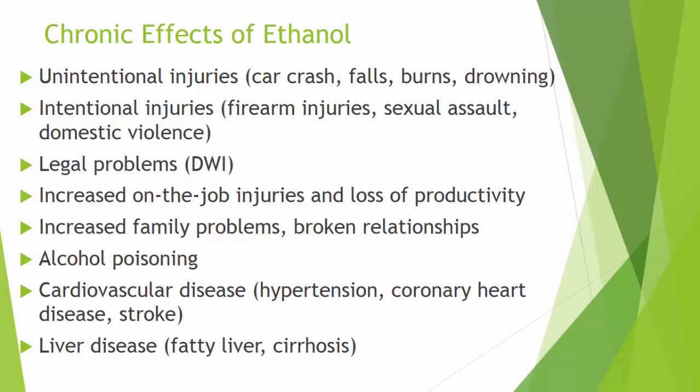When you are consuming ethanol regularly and you're impaired, you can have all sorts of accidents, whether it's crashing your car, hurting another person, falling down, dropping a cigarette and catching a house on fire, diving into a pool and drowning. There are a lot of injuries that can happen that will affect a person for the rest of their lives. And then, with our judgment affected, you can end up picking up a gun and shooting somebody.